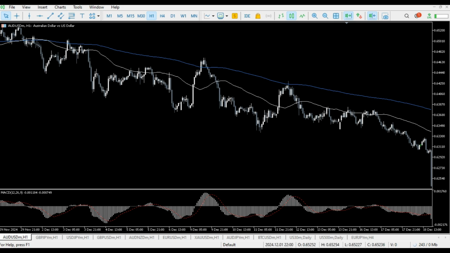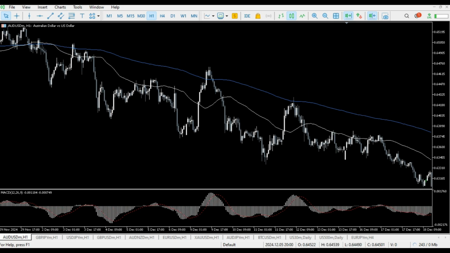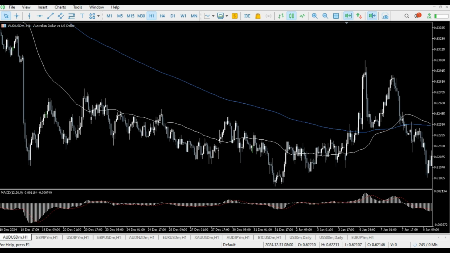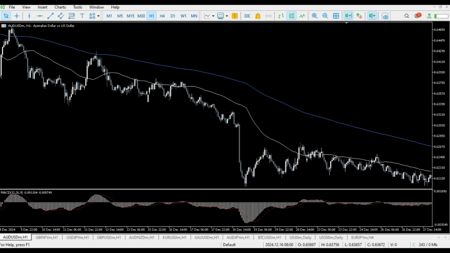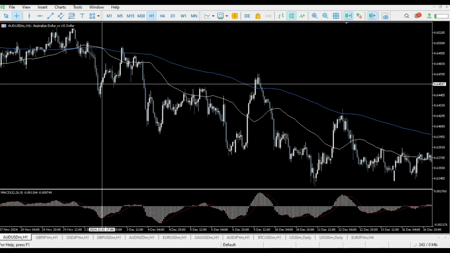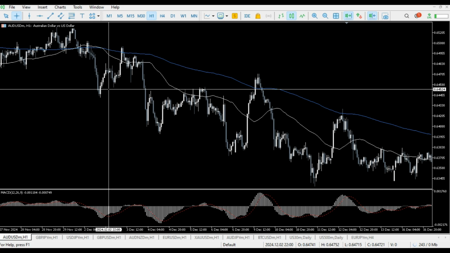Let's start with AUD USD over here. If you look at AUD USD, let's have a recap. This is the H1 time frame.